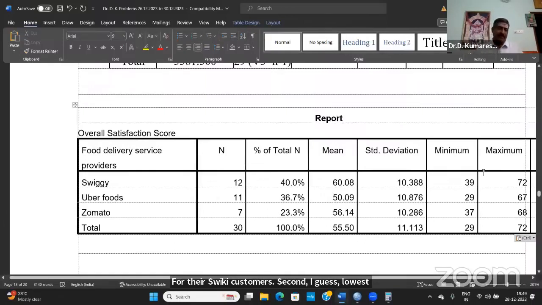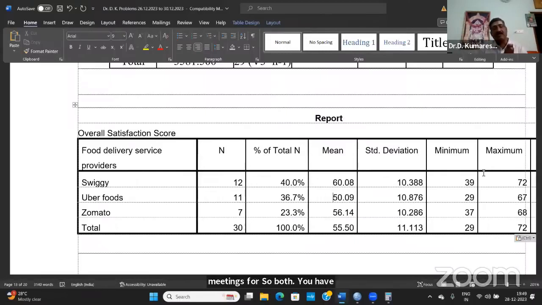Suppose you have compared all the 3 as a researcher, your suggestion should be for Uber Foods because those customers have the lowest satisfaction score.